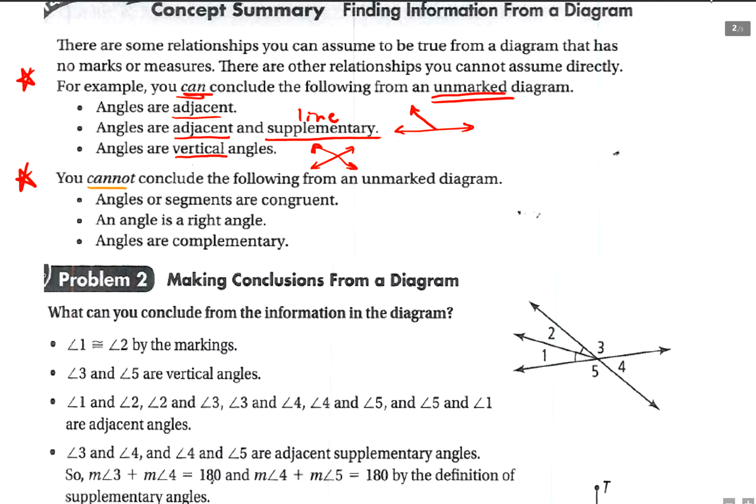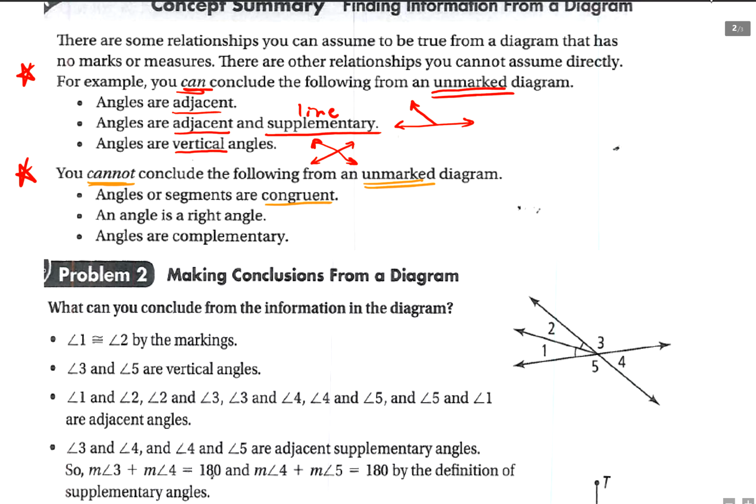Things that we cannot conclude from an unmarked diagram. These are things, if it is not given to you in words or in markings on a diagram, you can never assume any of these things. You cannot assume angles or segments are congruent. Just because they look like they're congruent does not mean they are. You can never assume that an angle is a right angle.